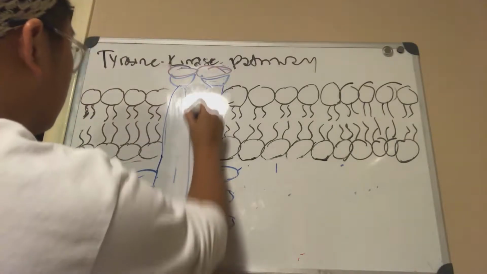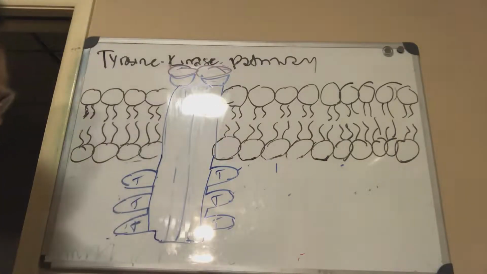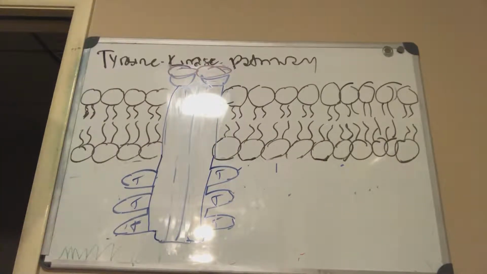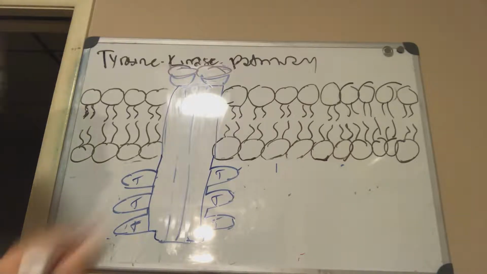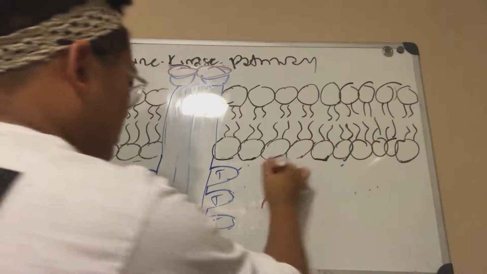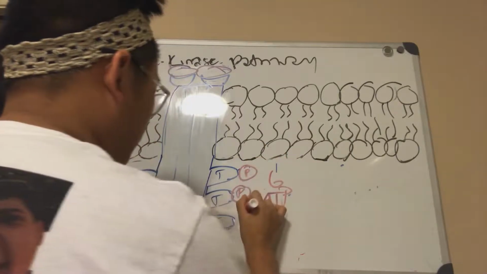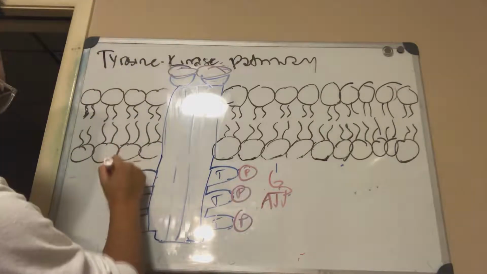And once this complex is formed, the tyrosine kinase tails become activated, and this causes 6 ATP around in the cytoplasm to each give off one phosphate.